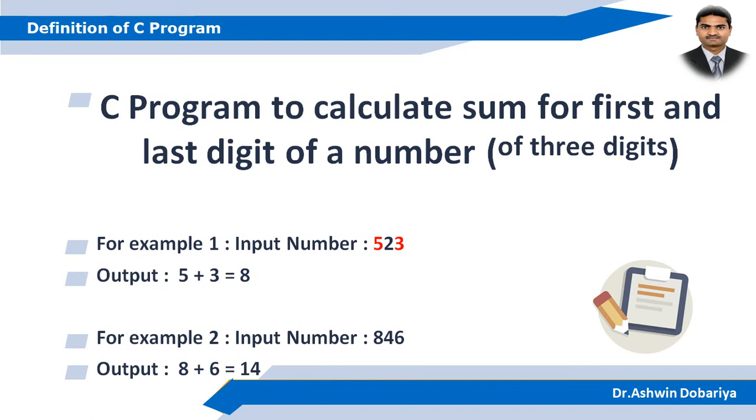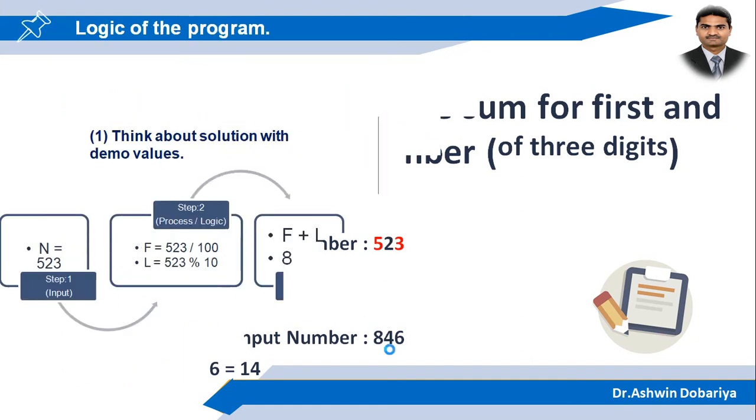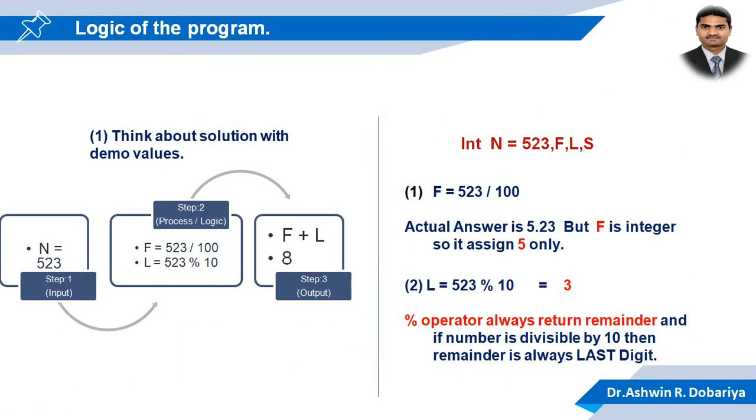Now, friends, one piece of advice: this is our initial stage of C programming. Whenever you think about any C program logic, always start thinking with certain dummy values. So these are the two examples. Now let's see how we can think about the detailed logic of this program.